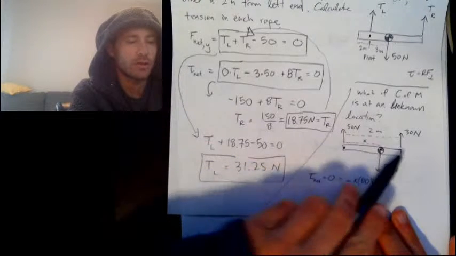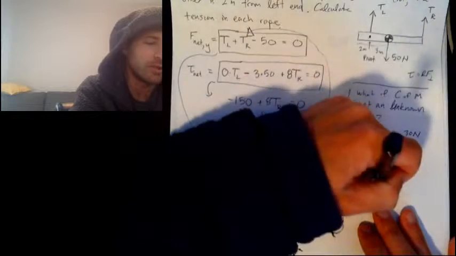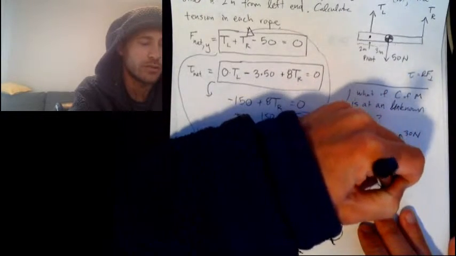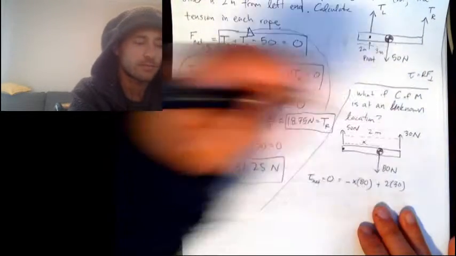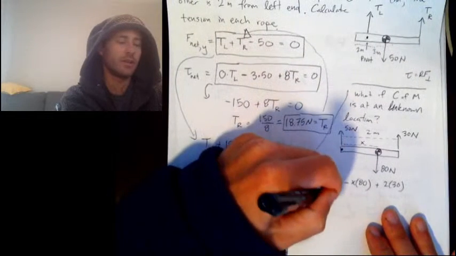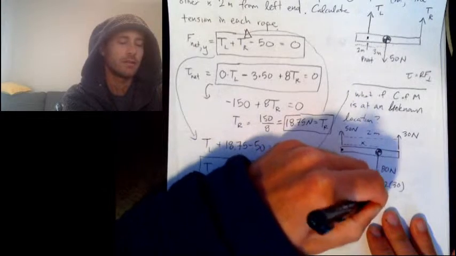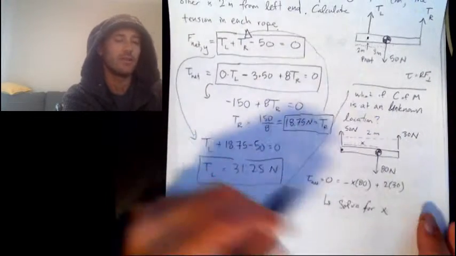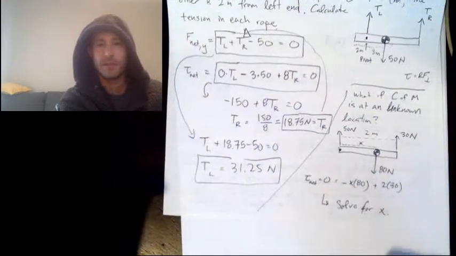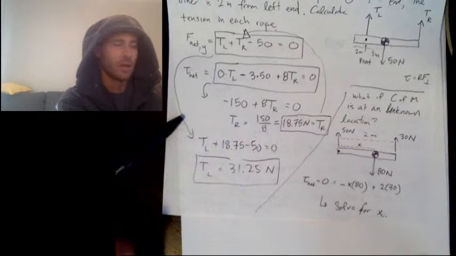And then the torque due to this force on the right end is going to be plus 2 times 30. All right. So we can take this equation and we can solve for x, and we can determine where the center of mass is. All right. So that's pretty nice.